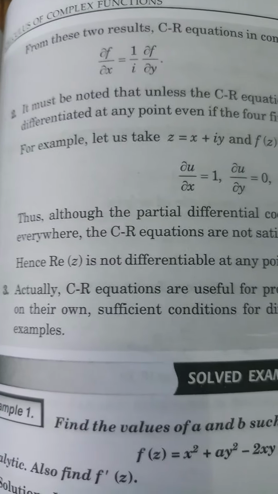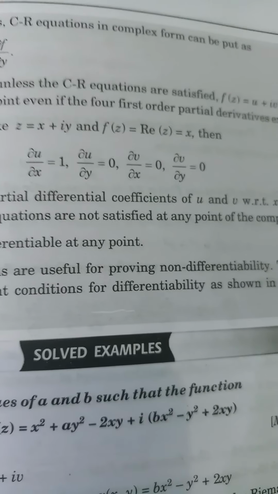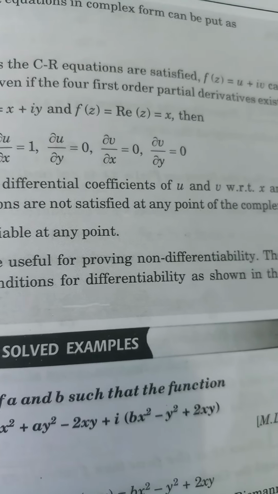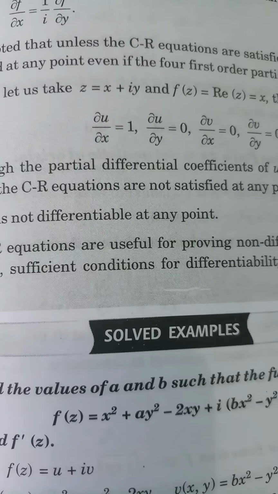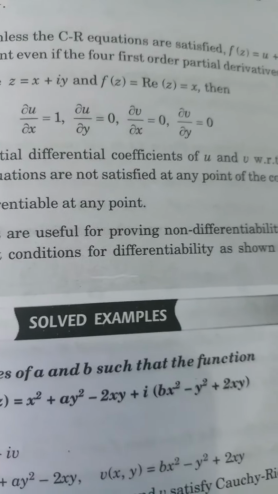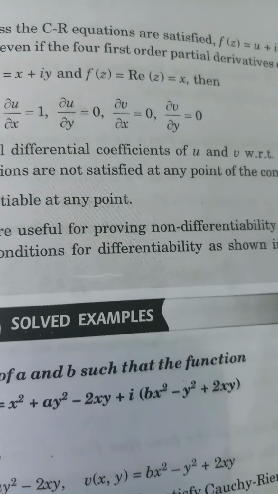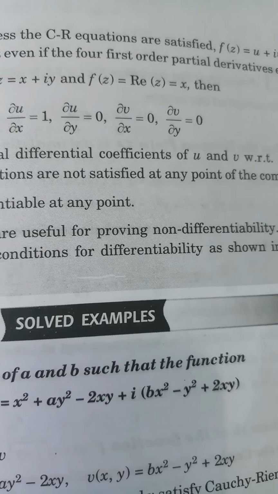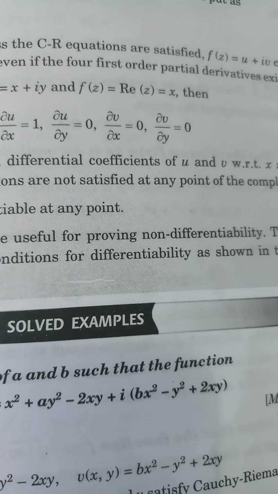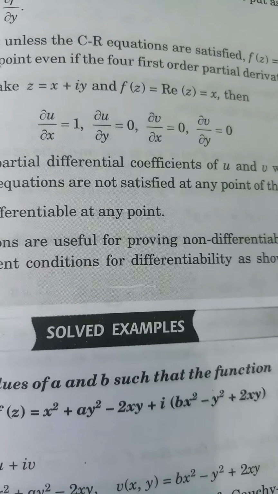For example, let us take z equal to x plus iota y and f(z) equal to real part of z equal to x. Then curly u by curly x equal to 1, curly u by curly y equal to 0, curly v by curly x equal to 0, because there is no v, only the real part is there, real part of z equal to x, the imaginary part is not there.